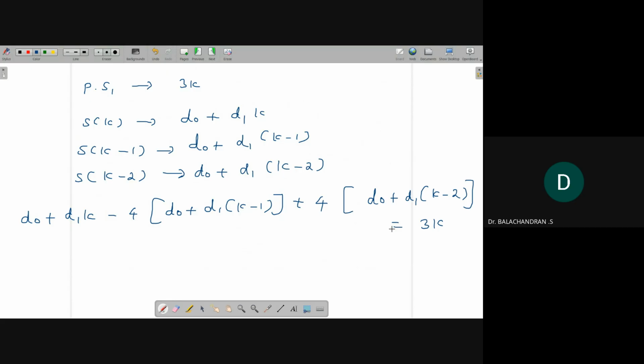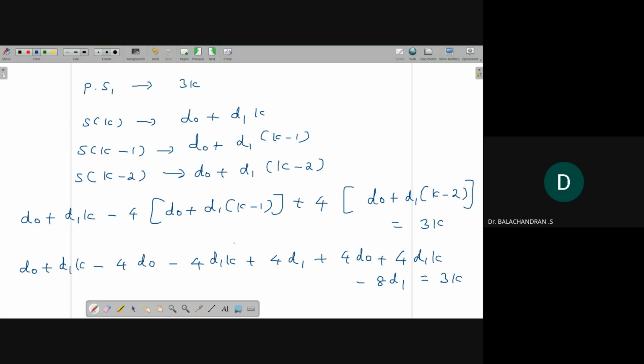Now my aim is to find what is d naught and d1. So d naught plus d1k, minus 4 d naught, minus 4 d1k, plus 4 d1, plus 4 d naught, plus 4 d1k, minus 8 d1, which is equal to 3k. So first check whether anything is cancelling.